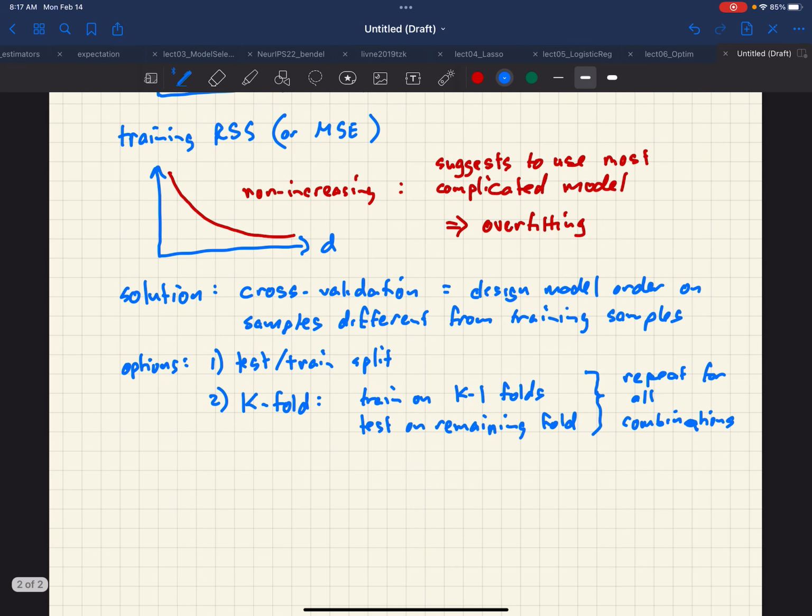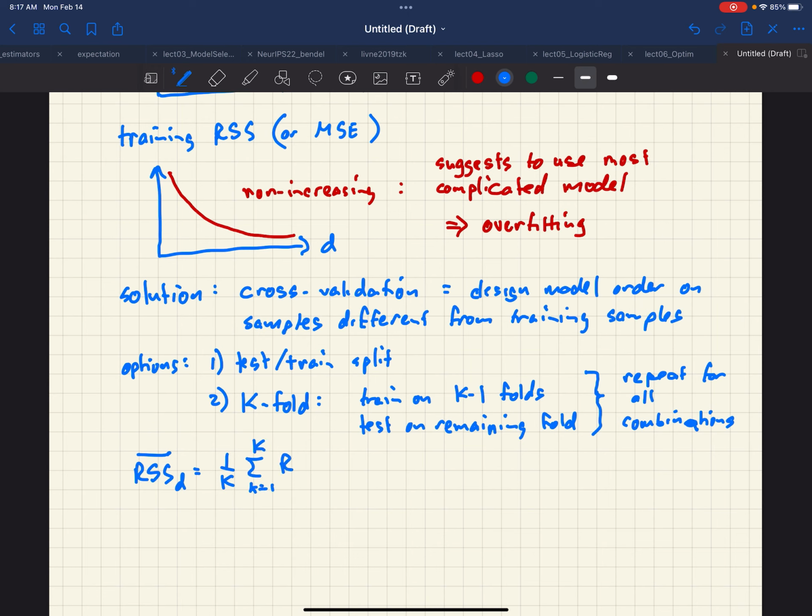Okay, so when we do this last one with RSS, we can get something like the following.